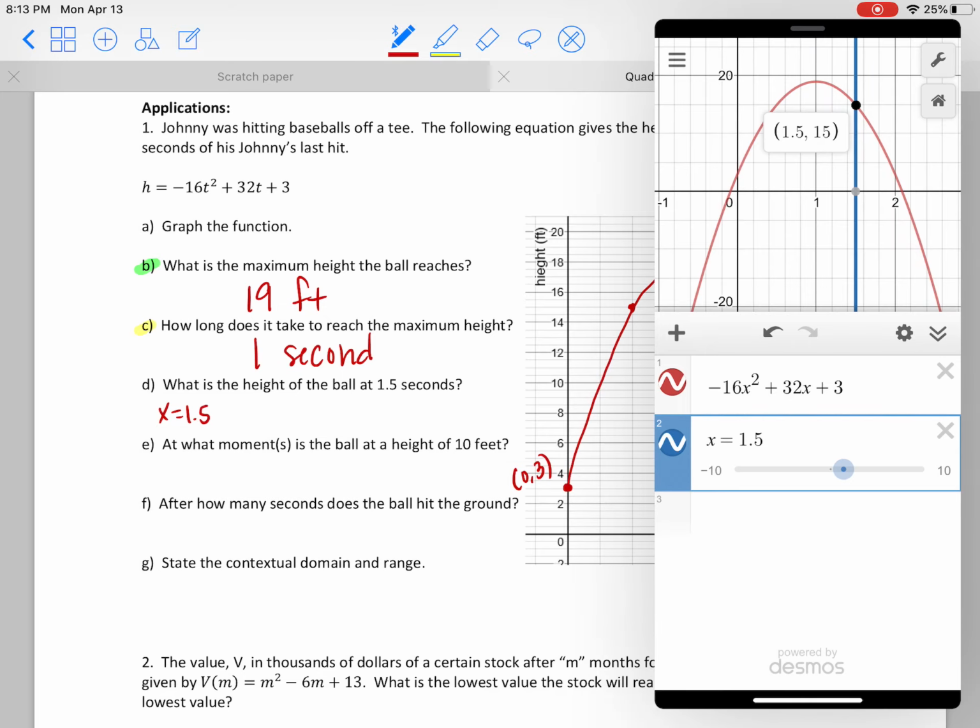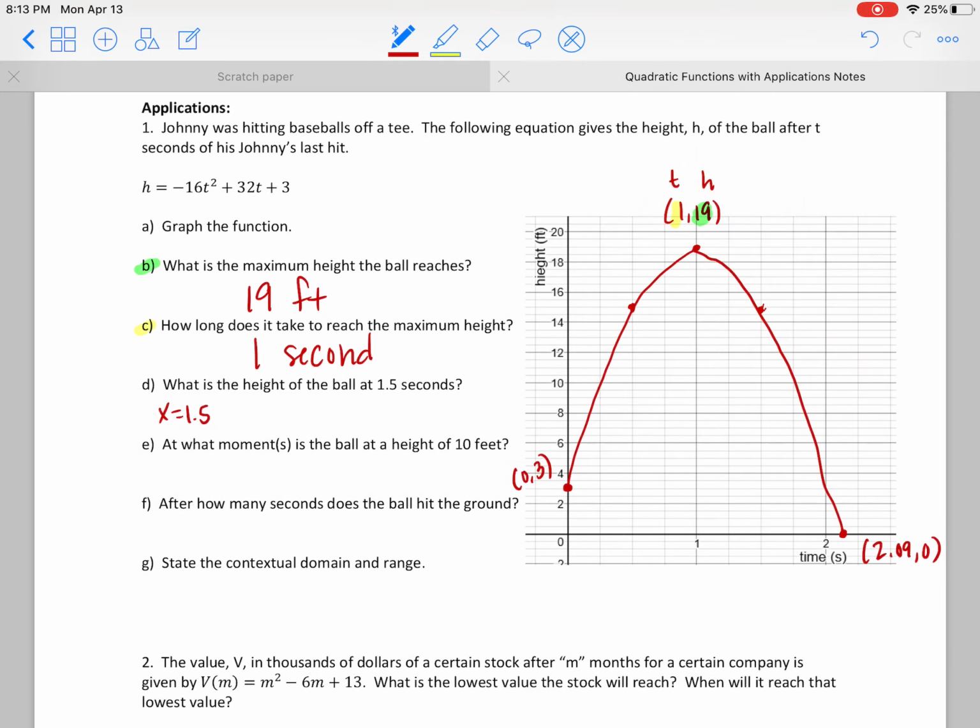So at 1.5 the y value that corresponds is 15. So the point at 1.5 and 15 tells me that it's going to be 15 feet high. And that is here.